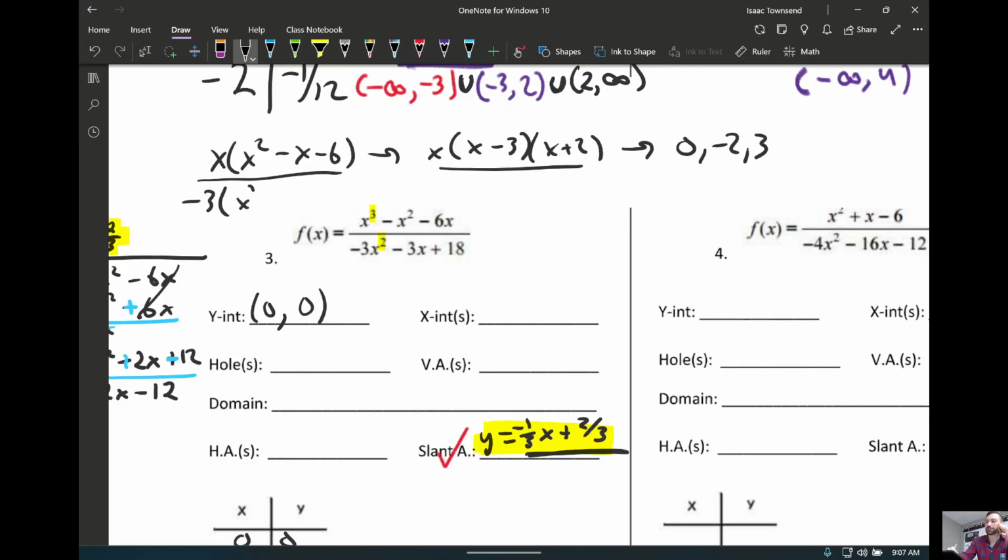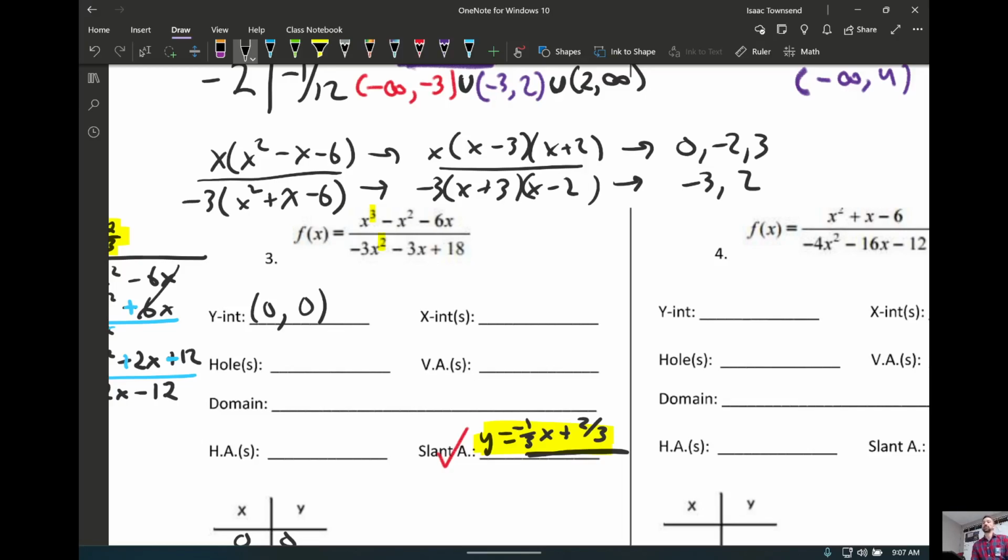But both of these have a GCF. Okay, and again, that just depends question to question.